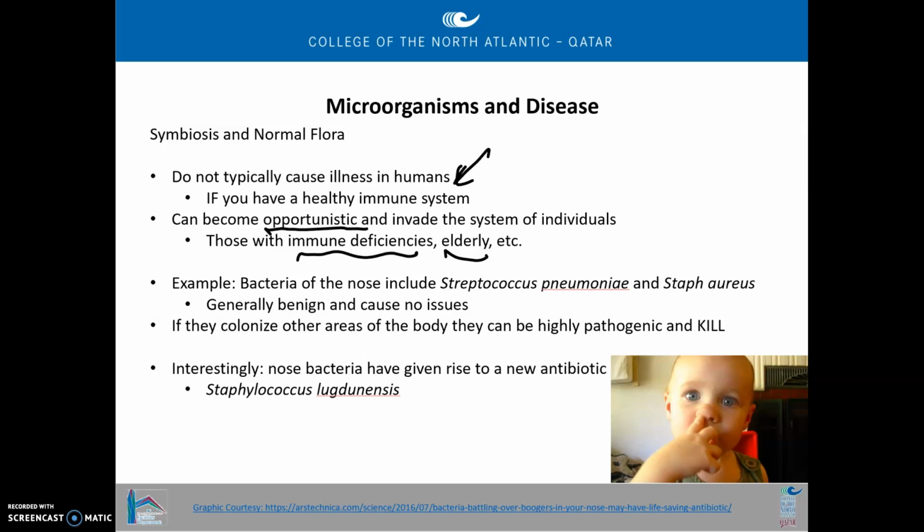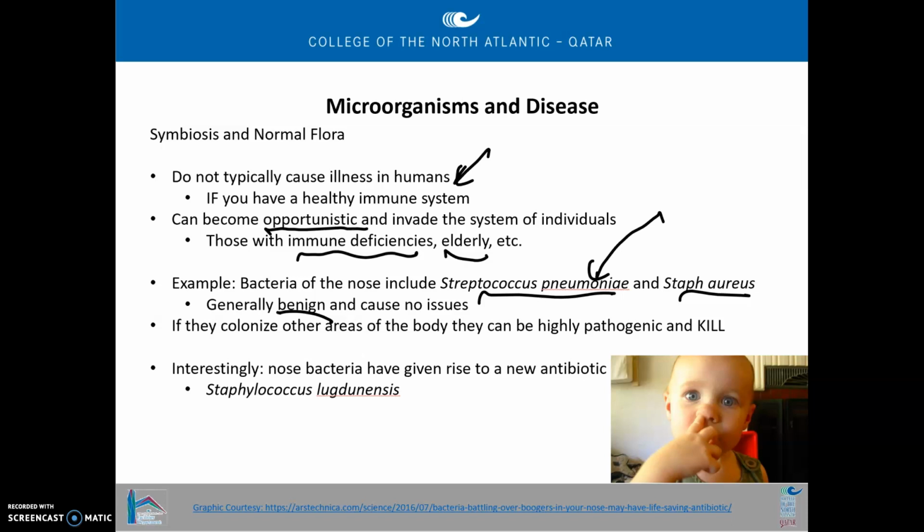Some of the examples of these guys that can cause us problems are Streptococcus pneumoniae or Staphylococcus aureus. These are two species that grow in the nose, so the upper respiratory tract, generally give us no problem whatsoever. We call them benign. But if they colonize other areas of the body, they can be highly pathogenic and they can even kill. Streptococcus pneumoniae, of course, if it gets in the lungs, the name says it all.